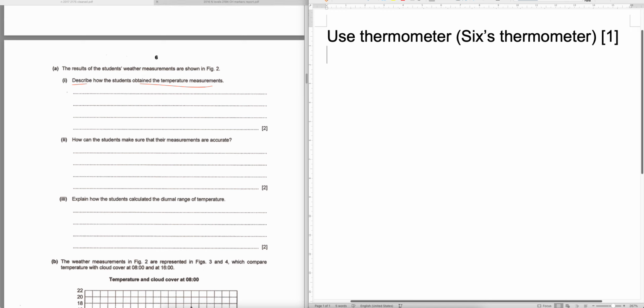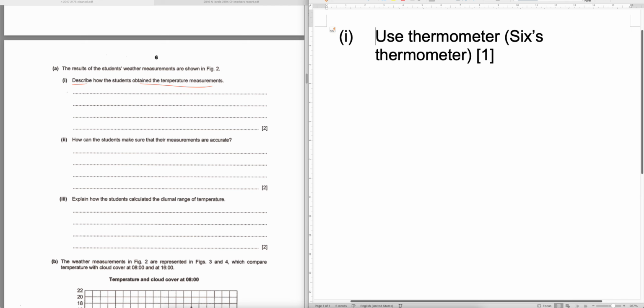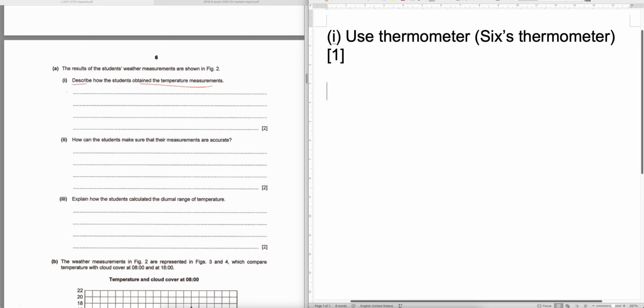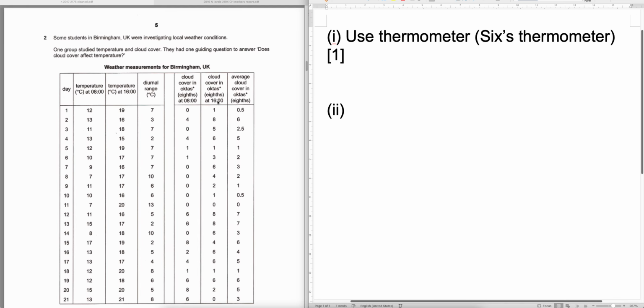But subsequently a lot of you went on to talk about the precautions to ensure accuracy, when that is actually more for the answer to part 2. What you could have told me, since they ask how they obtain the measurements, is at what time they take the measurements and how often.